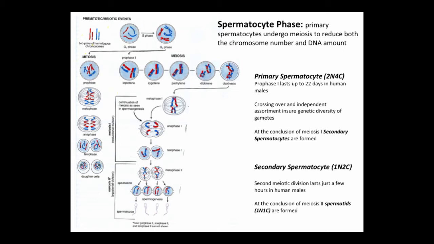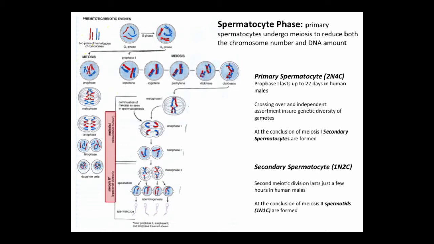Second meiotic division lasts just a few hours in human males, so as I said, it'll be very difficult to identify secondary spermatocytes histologically, but at the conclusion of meiosis 2, the secondary spermatocytes become spermatids. These are the haploid cells that are 1n1c. Just remember the meiotic divisions.